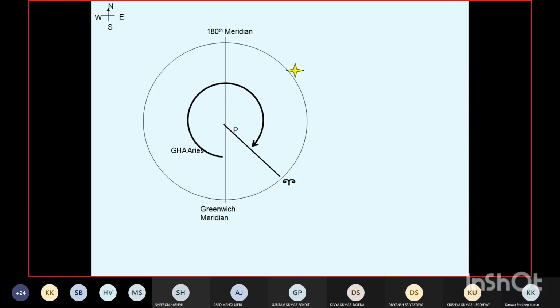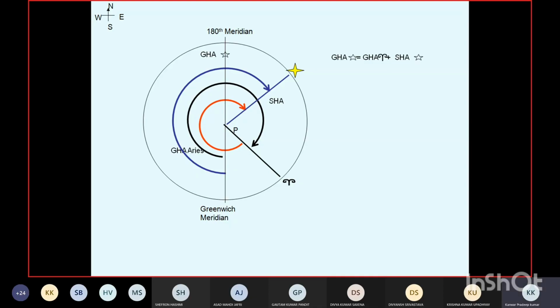GHA Aries. SHA star. Now the earlier equation was simple. Here there is some confusion. Slight overlapping here and there. But no problem. The equation remains the same. GHA star. The equation remains the same. How? Let us see.